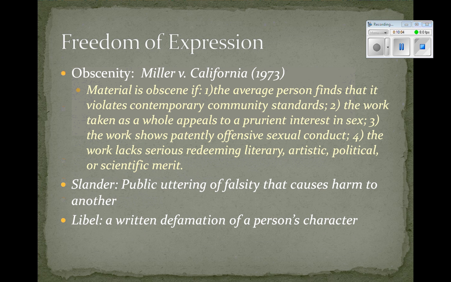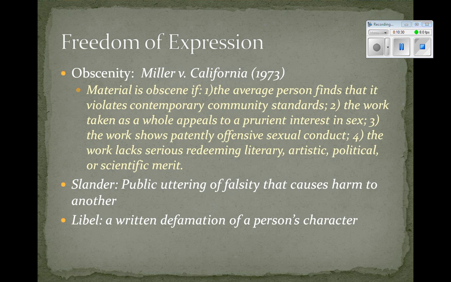Now, another form of expression that can be restricted is obscenity. And I want to use this case, Miller versus California, 1973, to describe what obscenity is, because it's a rather vague idea. The courts have ruled that they can restrict people in situations of being obscene, but their definition for obscene is vague.